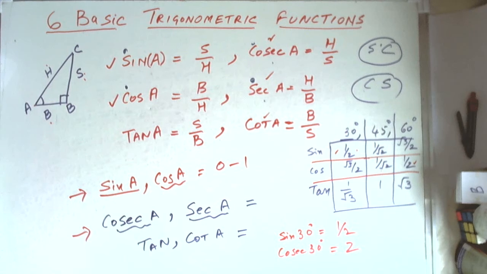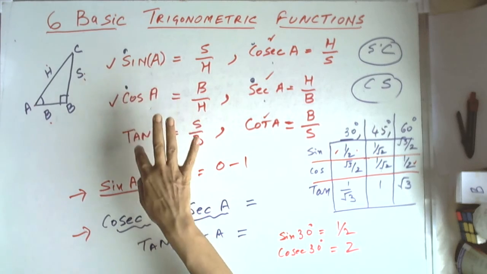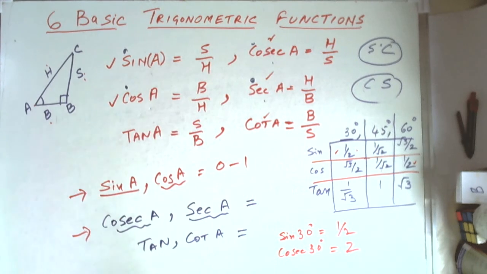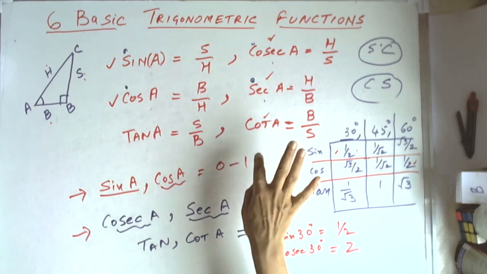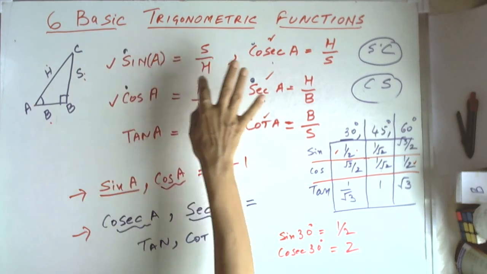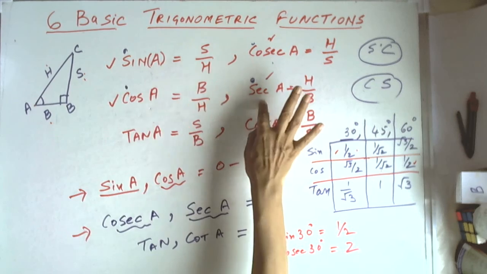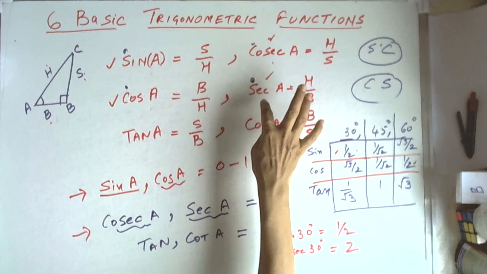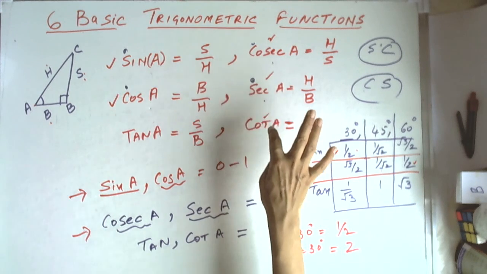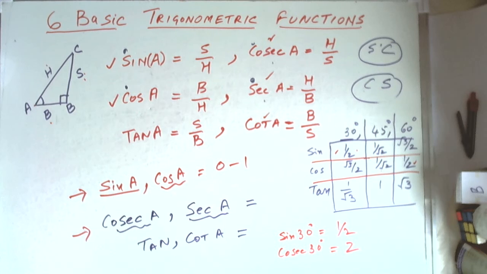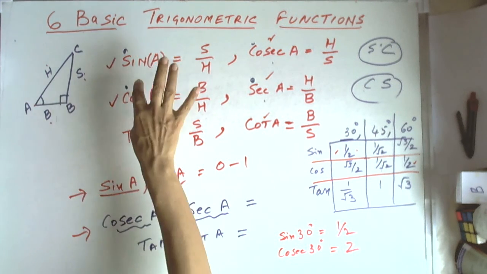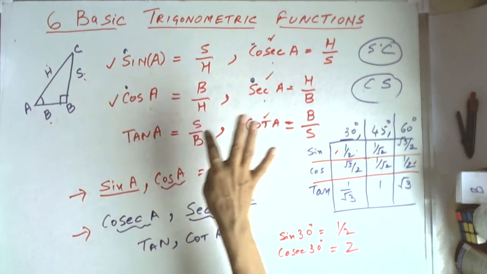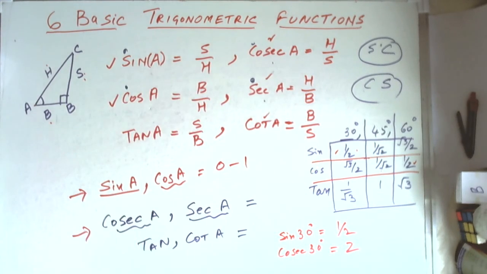Now I think it has been standardized: sine, cos, tan, cosec, sec and cotangent. The full forms are sine, cosine, tangent, cosecant, secant and cotangent, but that is not important. Most important is the short form: sine, cos, tan, cosec, sec and cot.